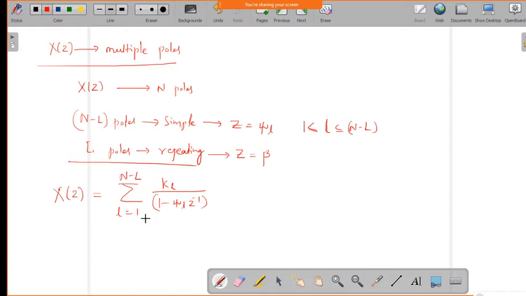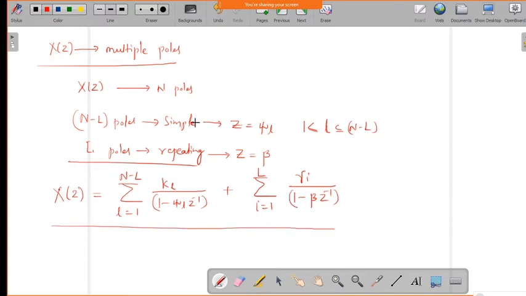Similarly, for the l poles which are repeating, i equal to 1 to l, we can write gamma i divided by 1 minus beta z inverse. So in terms of multiple poles, those repeating and also the simple ones at z equal to psi l, we can write x of z like this.